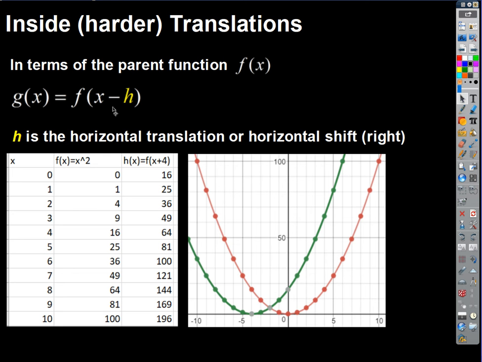So if I did something like f of x minus 3, what's the value of h here? 3, not negative 3, it's positive 3, because we're subtracting h from x. What's that going to do to the graph? It's going to shift it in the positive horizontal direction, meaning to the right, by 3.